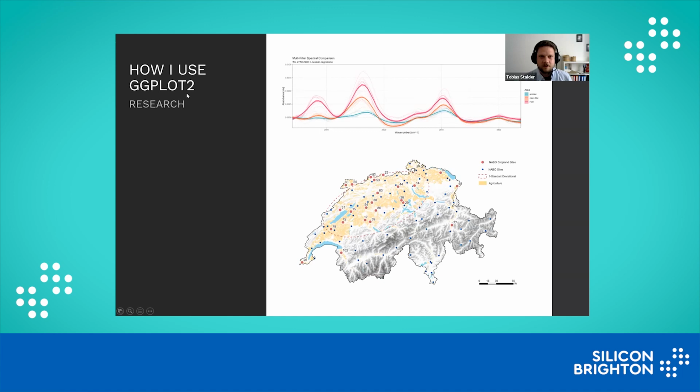So I want to start off with how I mostly use ggplot2. One of the fields is just research. So I see, for example, simple line plots with a smoother on the top, but also do a lot of maps with ggplot2, like the one on the bottom, which is a map of Switzerland with the hill shades and some points and a sampling pattern from a research project, just to know for you guys where I'm coming from with the experience.